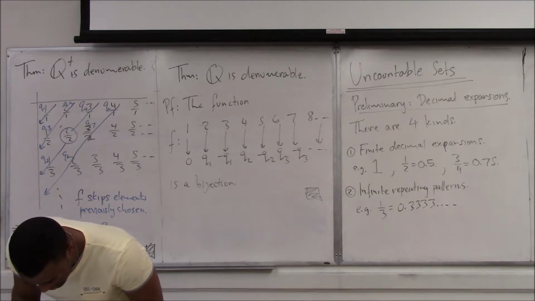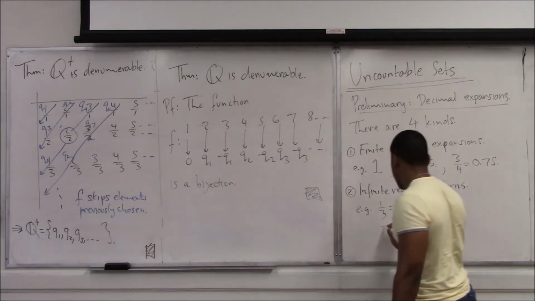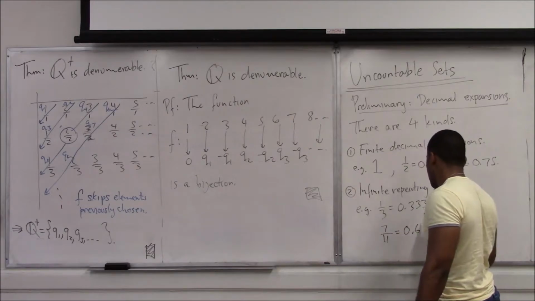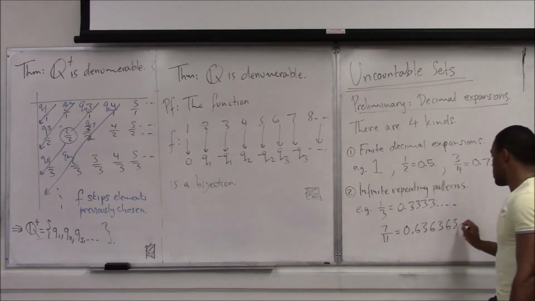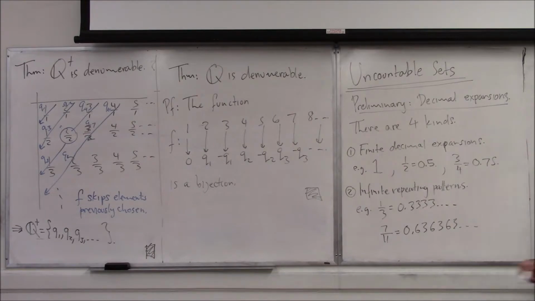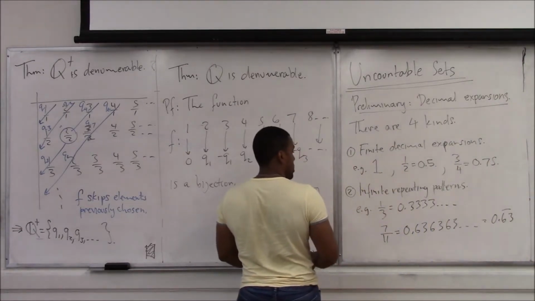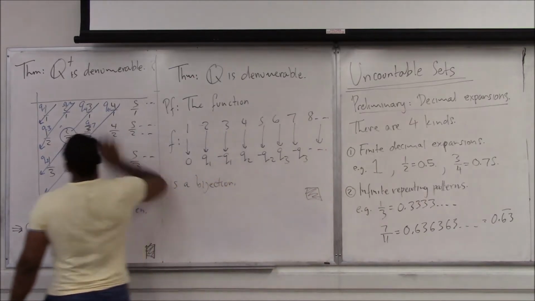You might have done examples like that. 7/11 is 0.636363. Right? So this is just 0.63 bar. And you can create decimal expansions like this that repeat any length of digits forever that you can choose. And you will always be able to write these as a fraction, using geometric series to rewrite these things. So, there's two, infinite repeating patterns.